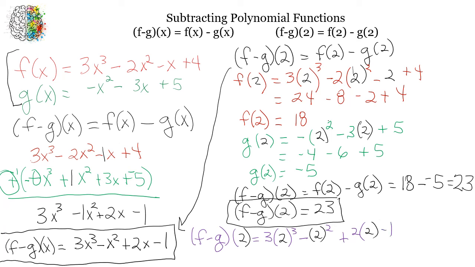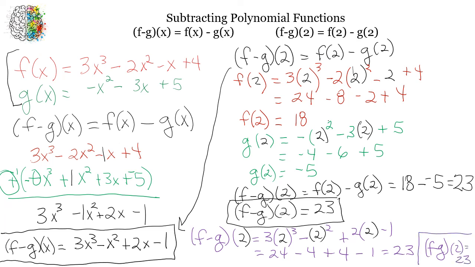So that's going to give me 3 times 2 cubed minus 2 squared plus 2 times 2 minus 1. So that equals 2 cubed is 8 times 3 is 24, minus 2 squared, which is a 4, plus 2 times 2, which is a positive 4, minus 1, and that equals 23. So once again, we have f minus g of 2 equals 23.